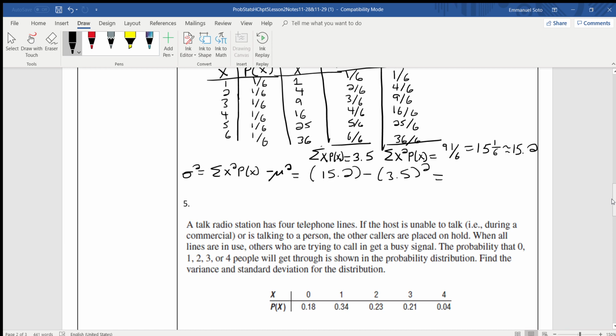Then we figure out what that number is, and that will give us 2.95. Let me make sure that's correct here. Okay, so approximately 2.95. That's our variance, and that takes care of that. Our standard deviation is going to be the square root of that.